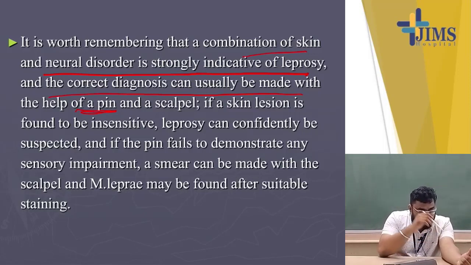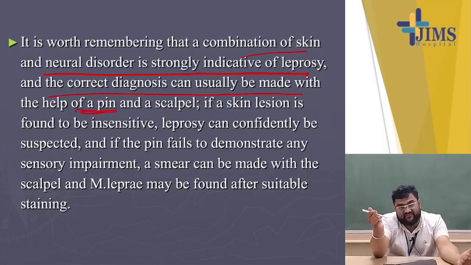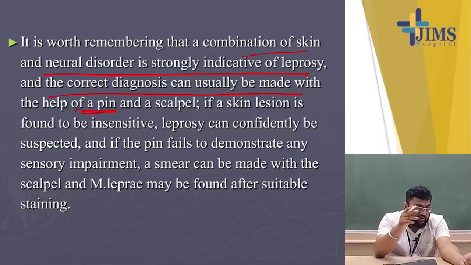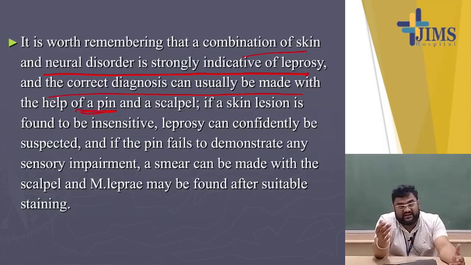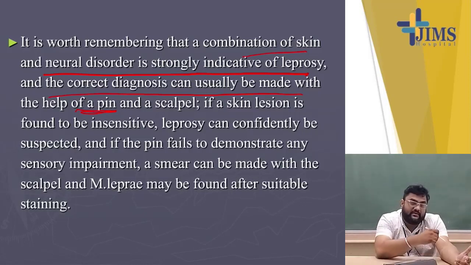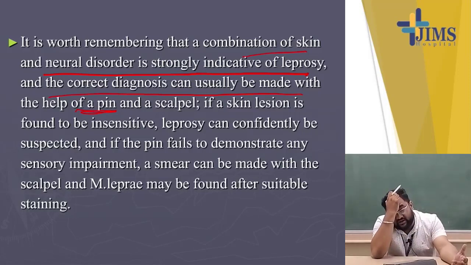Now, we can ask the patient to close the eyes and press different parts of the skin and ask whether they can feel it or not. Or we can use a pen and slowly draw a line which goes around the lesion, and ask the patient whether the sensation is the same throughout or lesser in the lesion and higher in the surrounding normal skin.